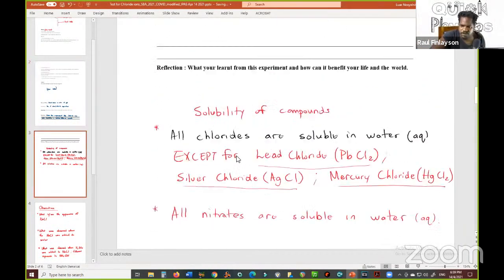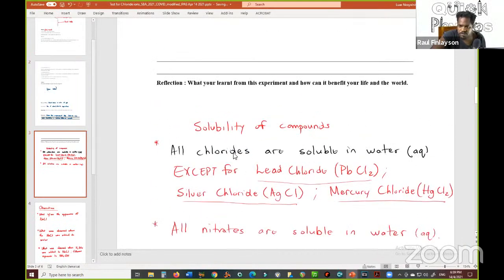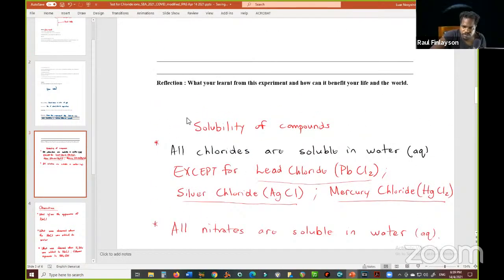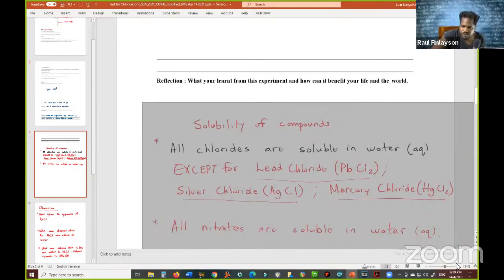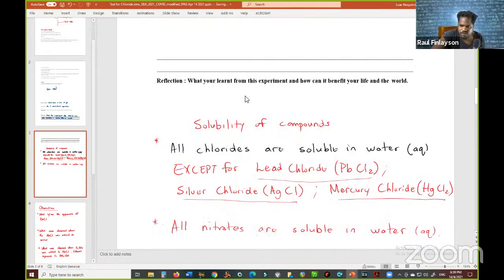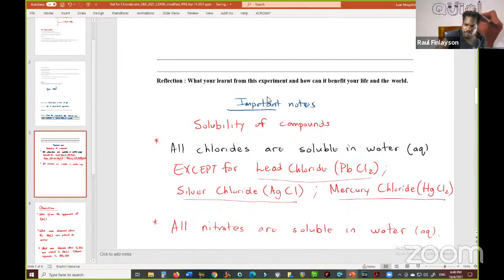Usually I get 2 marks for the conclusion anyway. And then your reflection is where you learn from the lab. This is just notes though. What you're seeing here, this is just notes. Important notes here. I just drag that over.